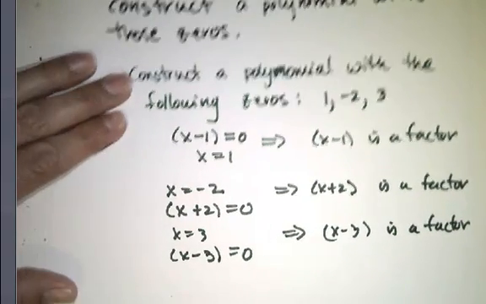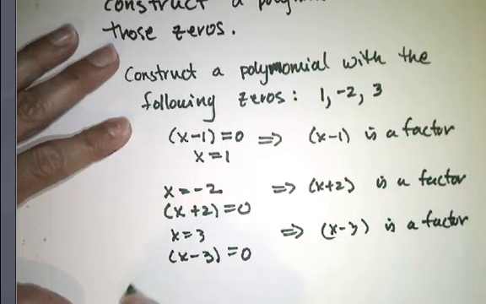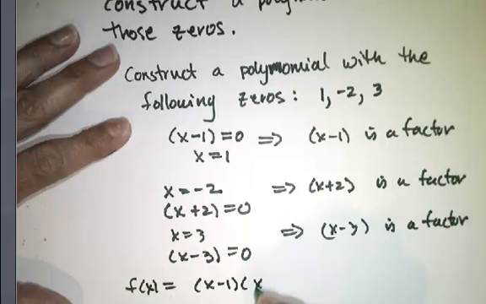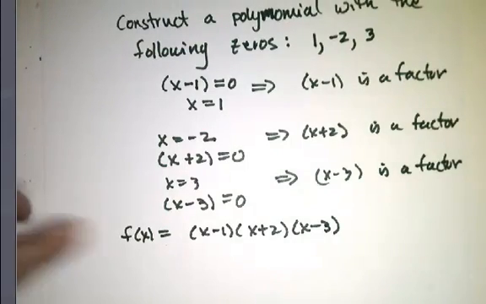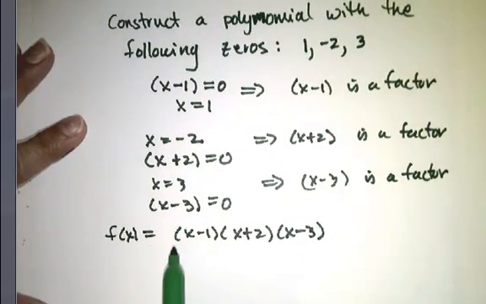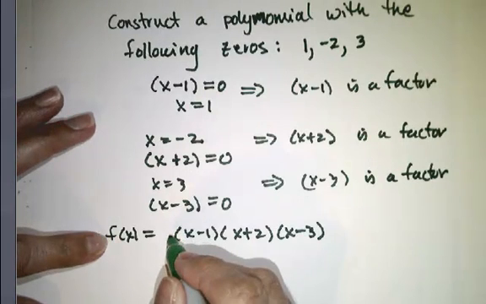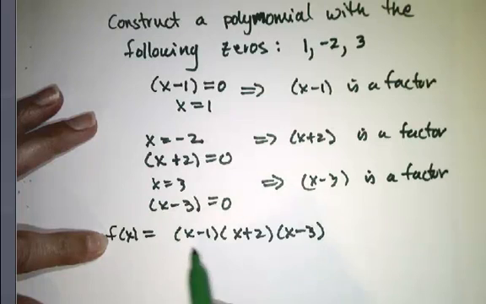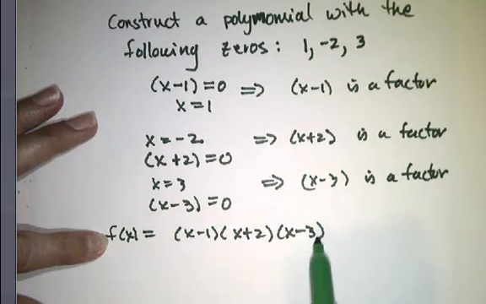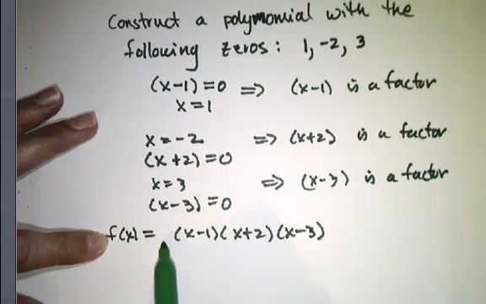So, if I want to construct a polynomial with those factors, f of x equals x minus 1 times x plus 2 times x minus 3 is a polynomial with those zeros in factored form. Now notice I could multiply this polynomial by a constant, 2 maybe, or 3, and it wouldn't change the fact that only these are my zeros, because a non-zero coefficient will not have any effect on the zeros.